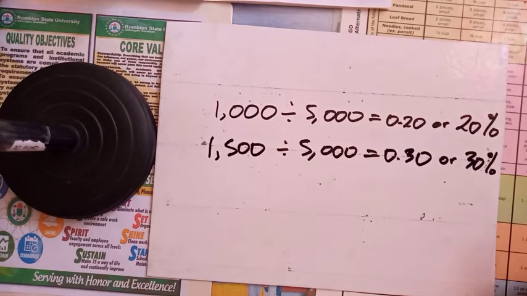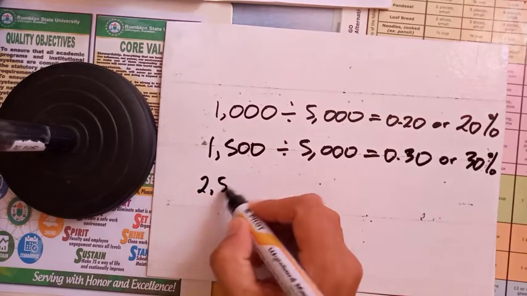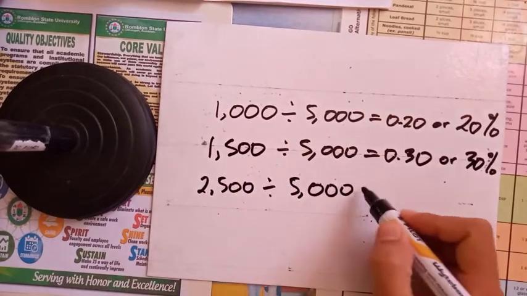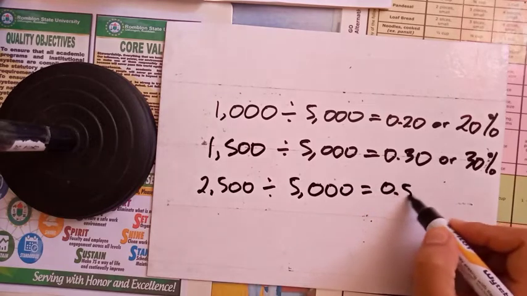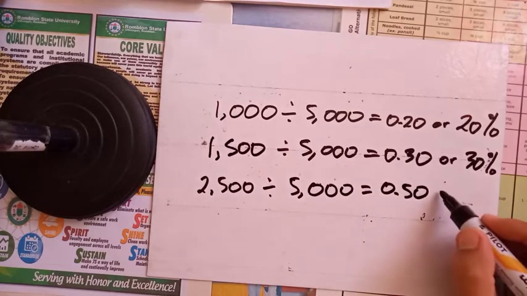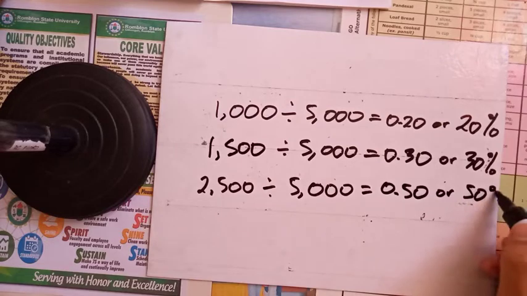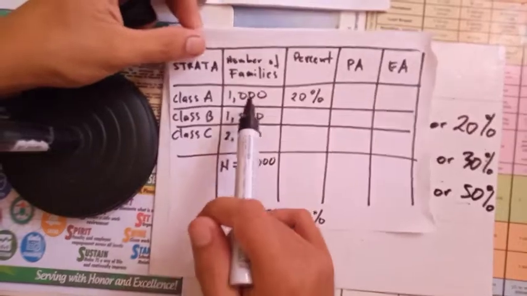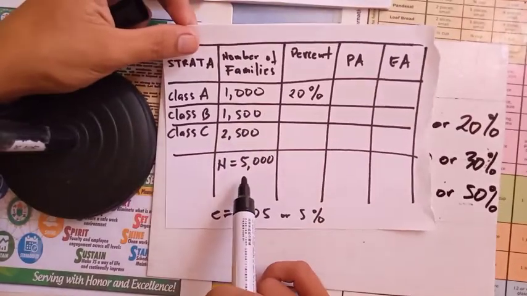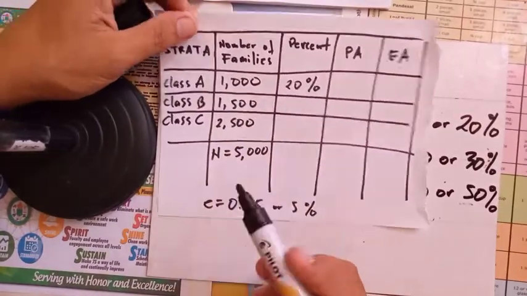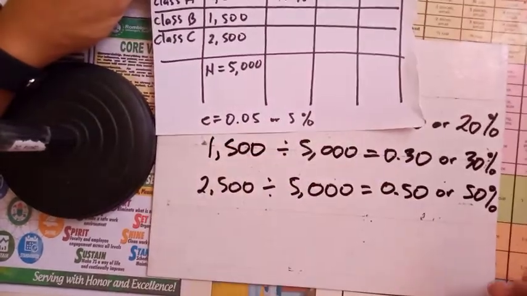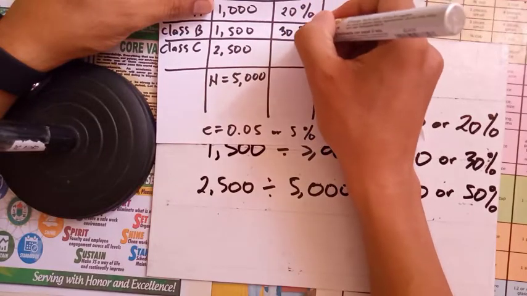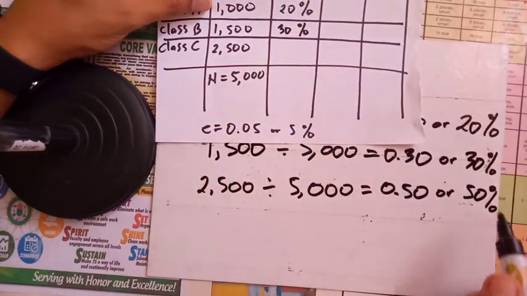And then for the last number, we have 2,500 divided by 5,000, which is the N. That would be equal to 0.50 or 50%. So we just had to divide the number of families over the total, over N, and then we can get the percent. So the second column would be 30%, and the third, that would be 50%.